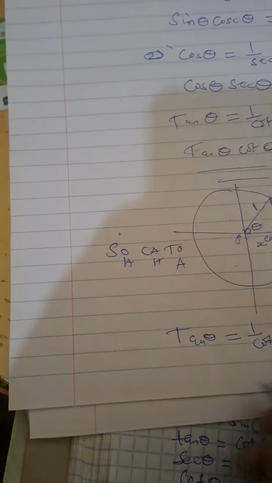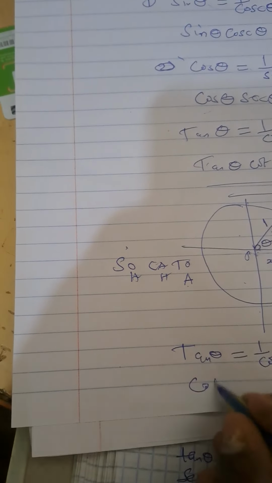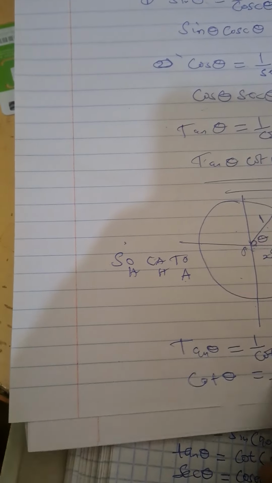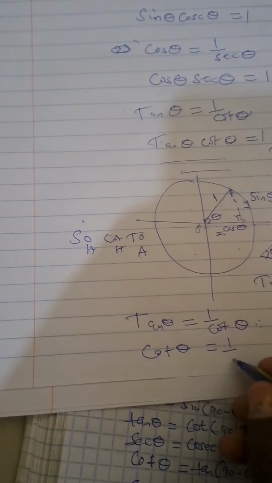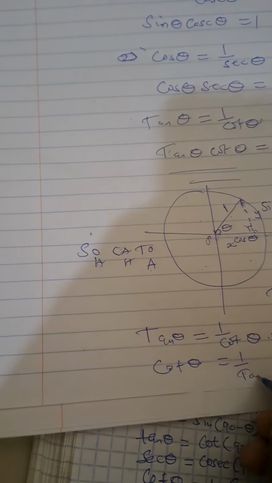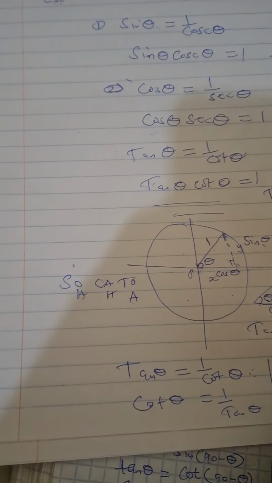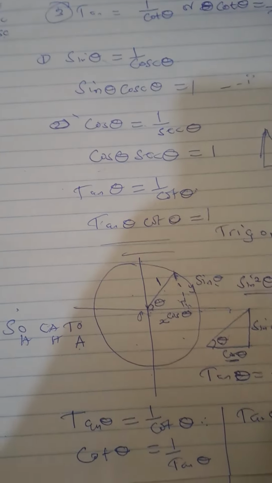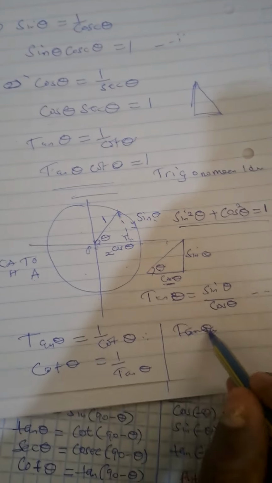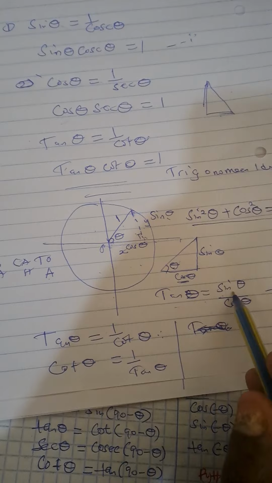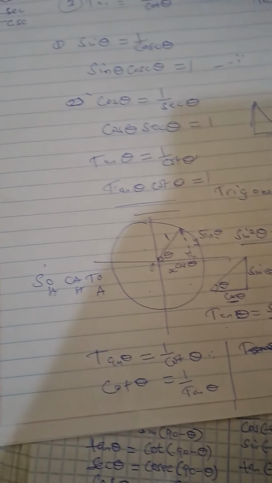Then therefore we can say that cot theta also is equivalent to 1 over tan theta. But we have said also tan theta is equivalent to sine theta over cos theta.